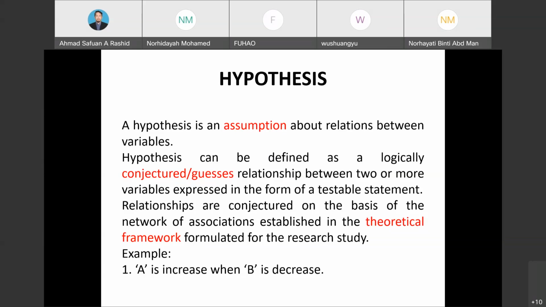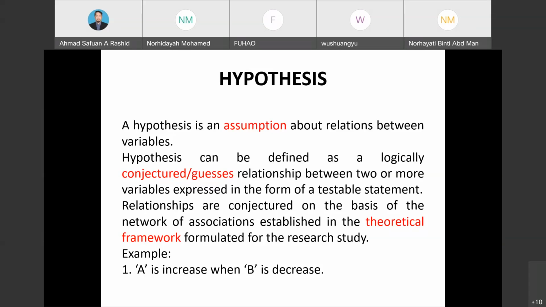The relationships are conjectured on the basis of the network of associations established in the theoretical framework formulated for the research study. For example, if we have two types of parameters, normally one is independent and the other is dependent. For example, A we can consider independent, like time or deformation.